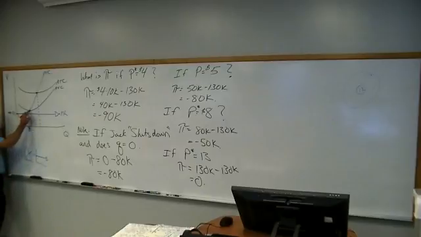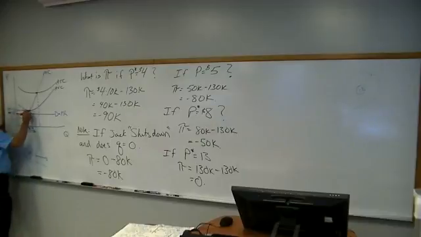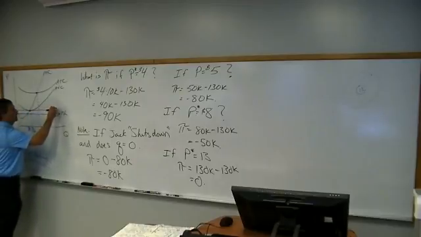When I brought it up to $5, P2, let's call it, P2 is $5, that's associated with Q2, right? Marginal revenue, let's just start calling this MR2 and MR1.